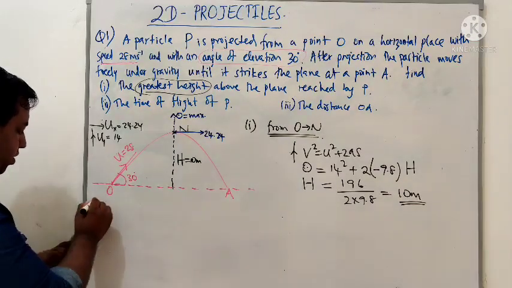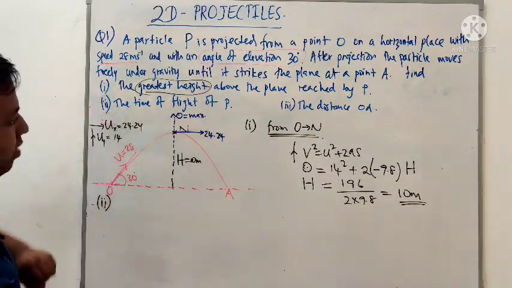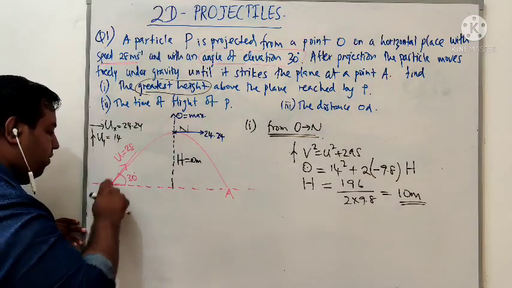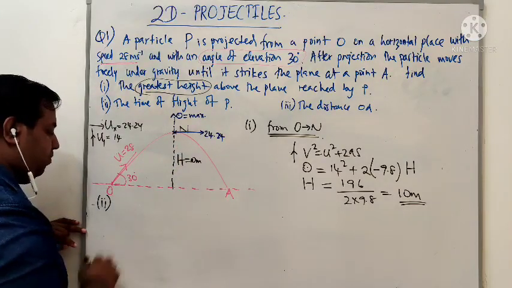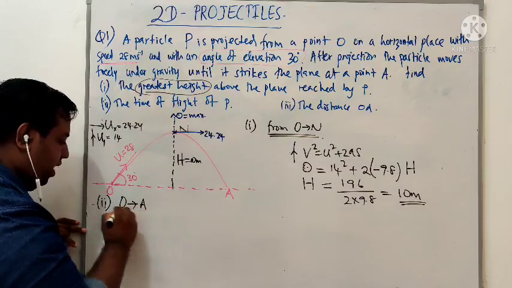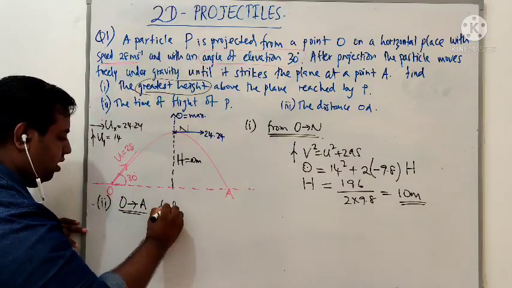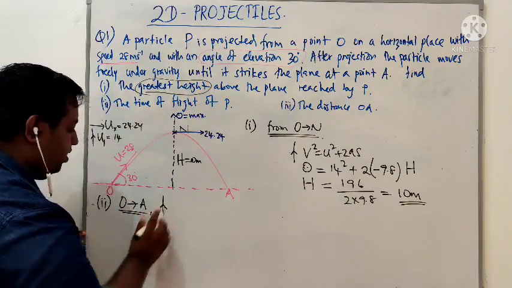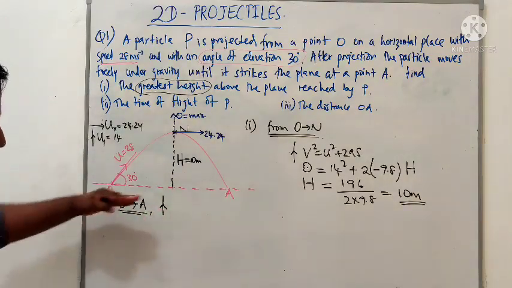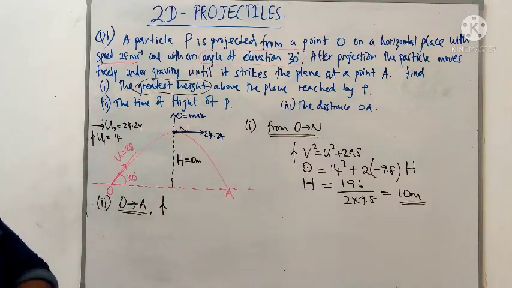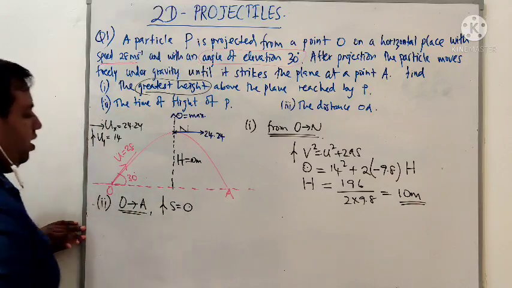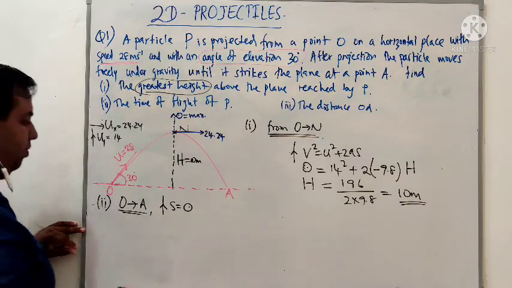From O to A, can you tell what the final resultant displacement is? Okay, 0. When you consider the vertical direction, the displacement from O to A is 0. Horizontal direction O to A is called the range. So we can find the time easily.